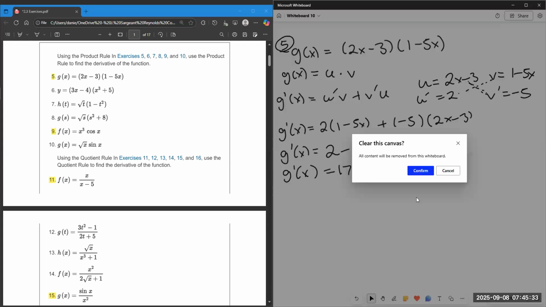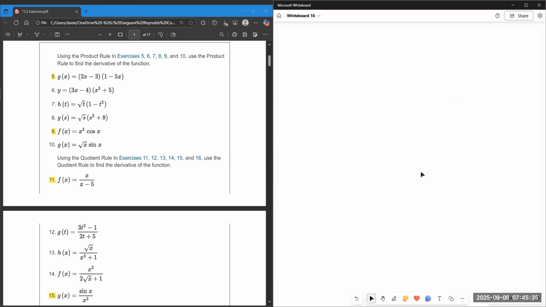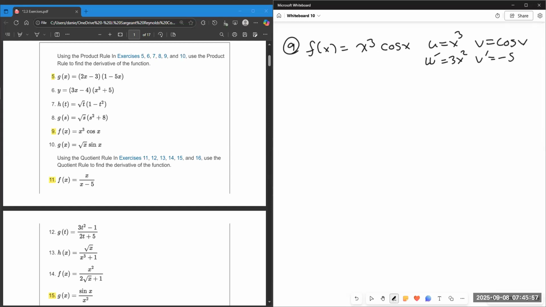All right, let's look at number 9. If f of x is equal to x cubed cosine of x, I have u is equal to x cubed and v is equal to cosine of x, which makes u prime equal to 3x squared and v prime equal to negative sine x.